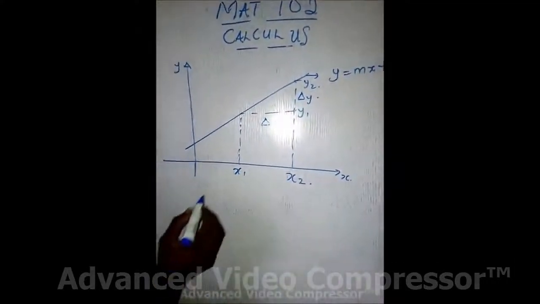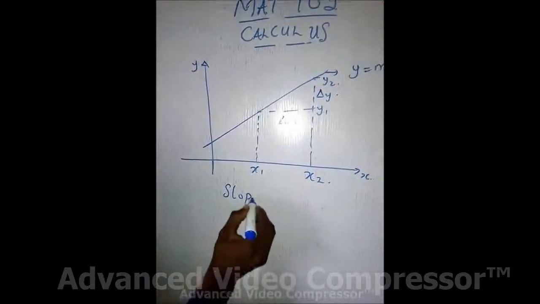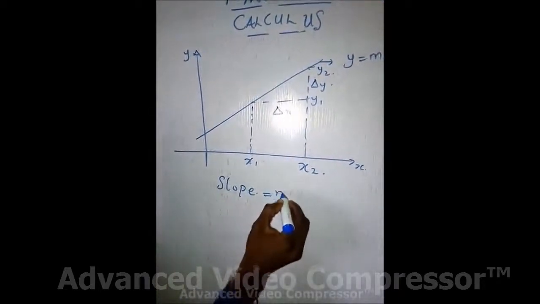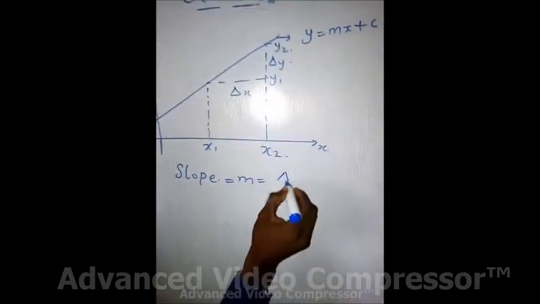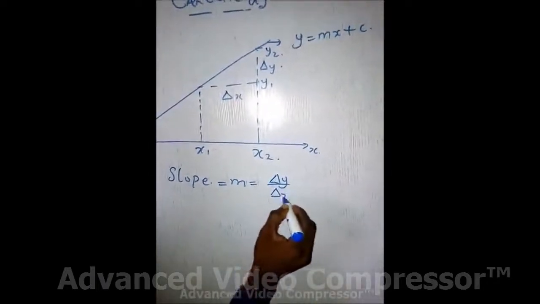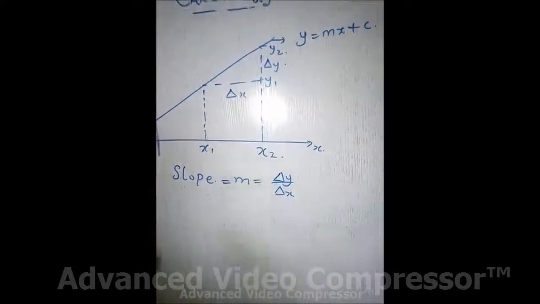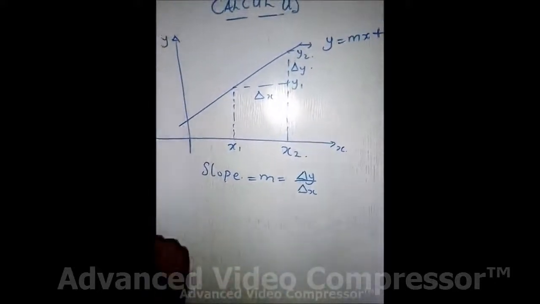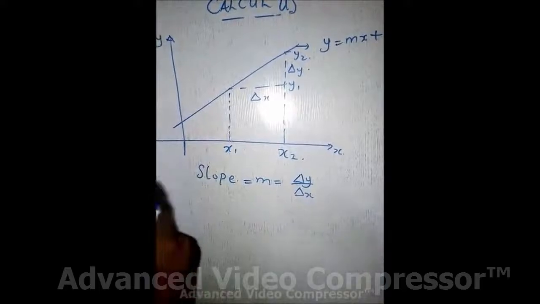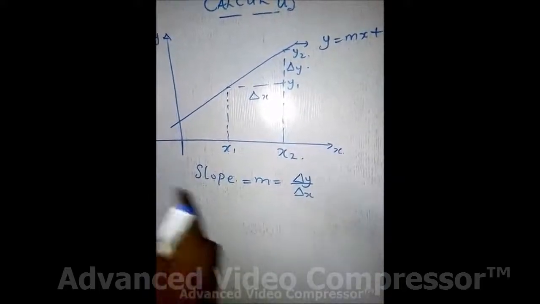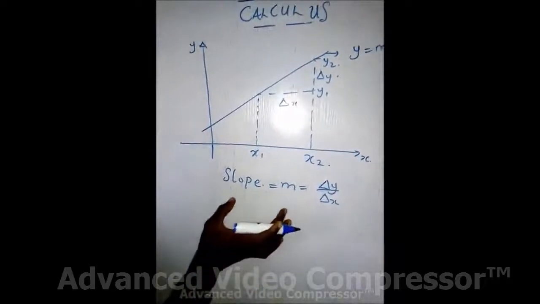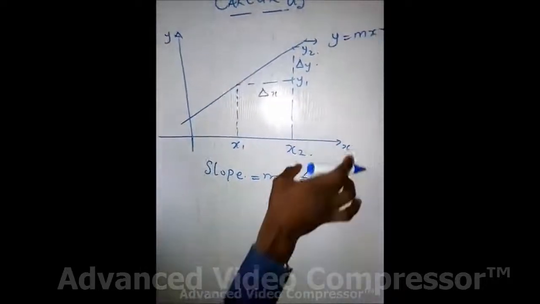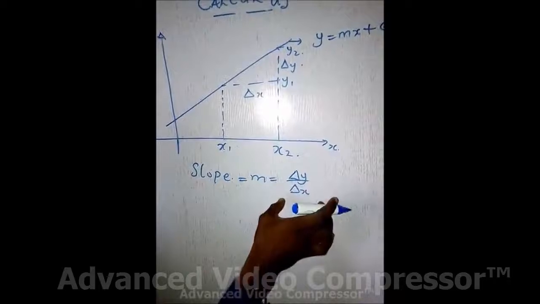Then we are expected to find the slope of this graph, which is represented with m most of the time. And this slope is represented with change in y with respect to change in x. That is what I've just given you as a definition of differentiation. I said differentiation is the rate of change of a function. Now, rate of change of a particular function is change in y with respect to change in x.